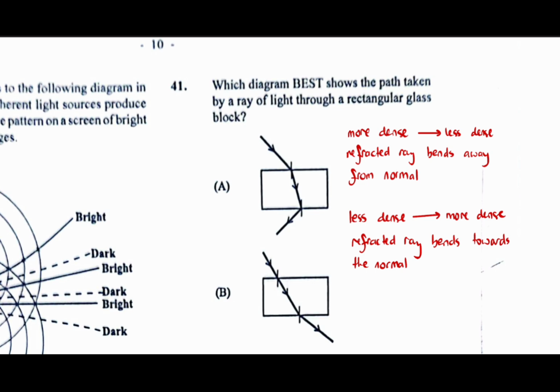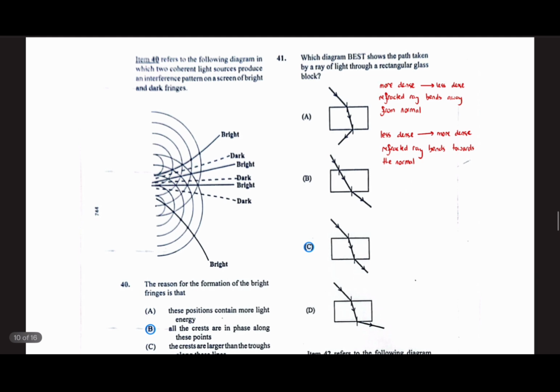If you're going from a less dense to a more dense medium, this means the refracted ray bends towards the normal. And so your angle of incidence is going to be more than the angle of refraction, because it's going to bend towards the normal, so the angle gets smaller. So the answer here is C.